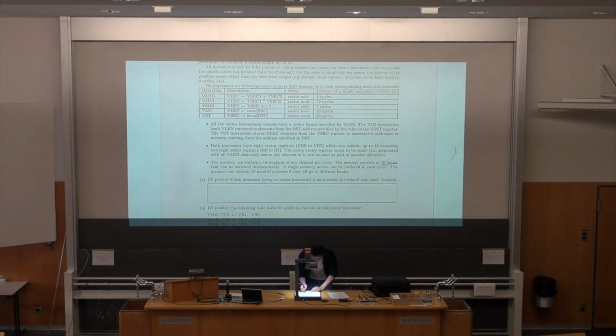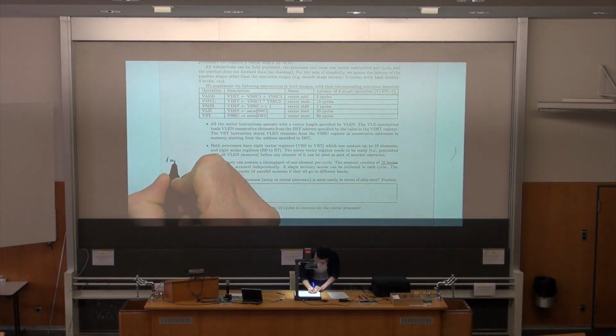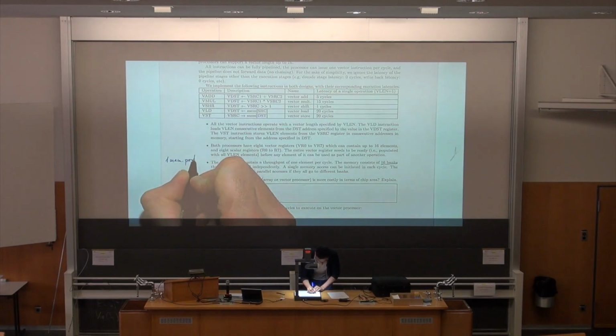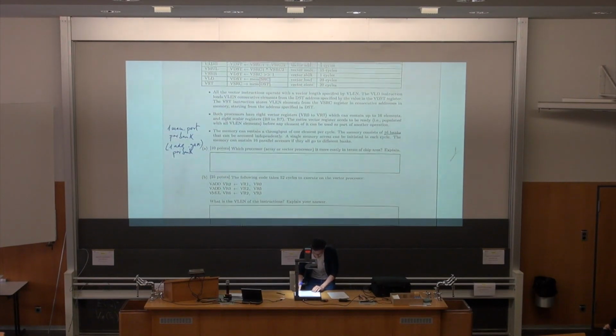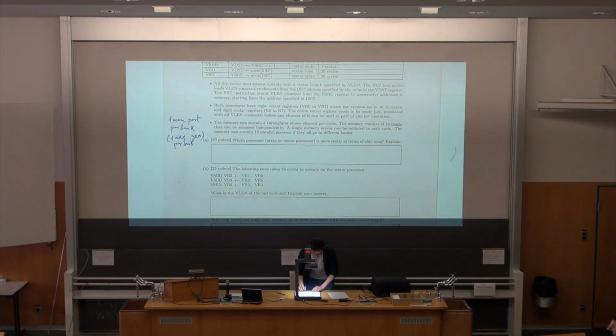It has 16 banks, and each of them can be accessed independently. We have to understand here that we have a memory port per bank. One memory port means one address generator per bank. Okay? This is something that we have to take into account.